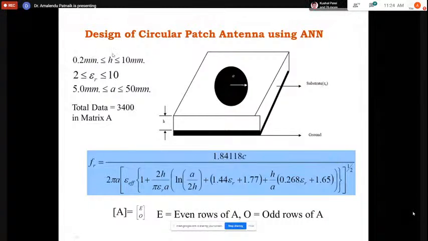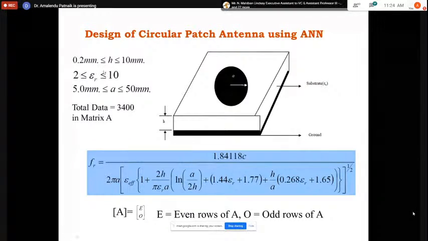First, you need to choose the different variables and the range of these variables. Depending on the type of substrates available in the commercial market, you choose the value of height h. Then your epsilon r can have a minimum value of 2 and a maximum value of 10.